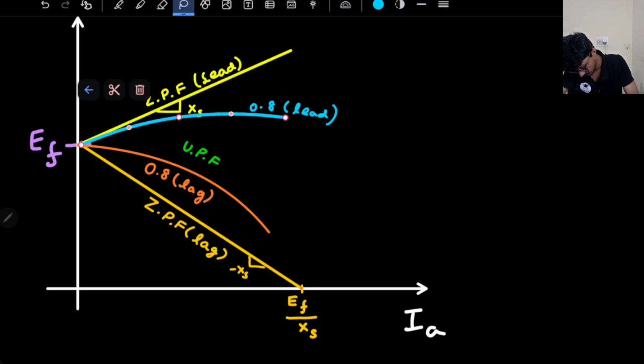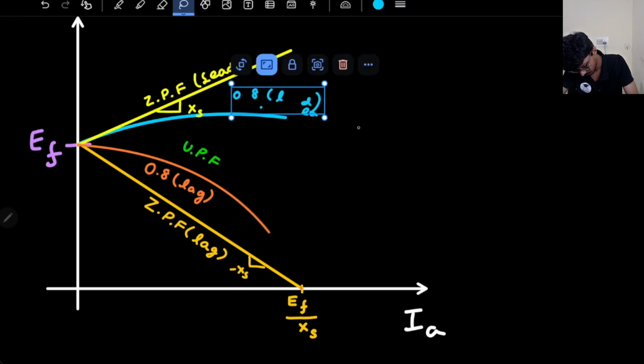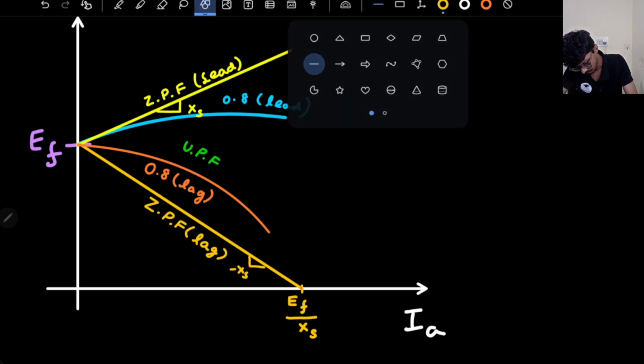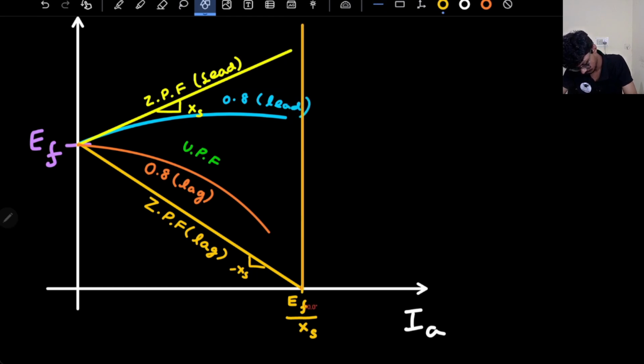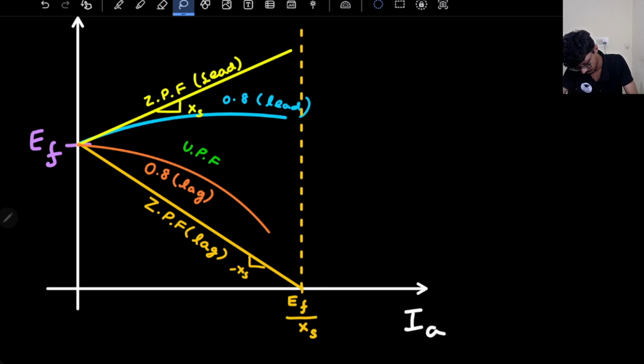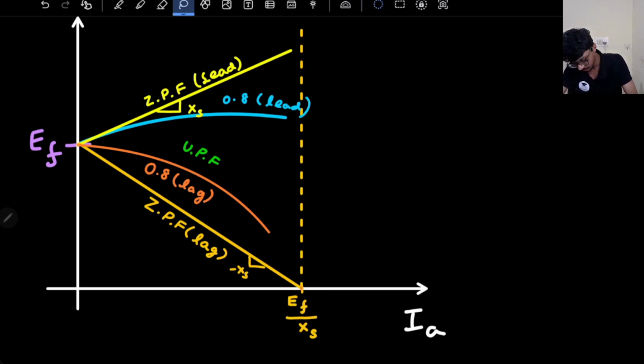Okay, let me just extend this as well. So this was for 0.8 lead, and I can extend this till here.